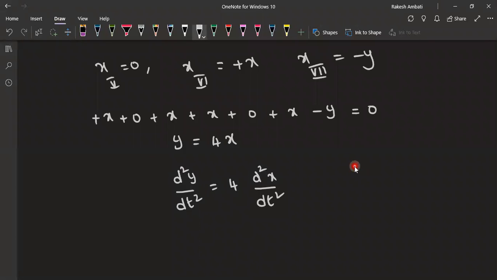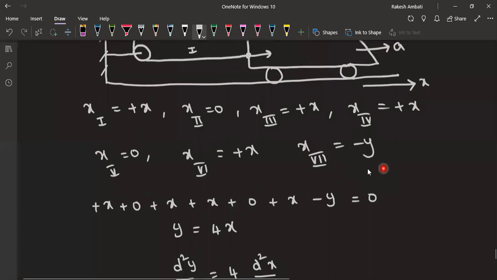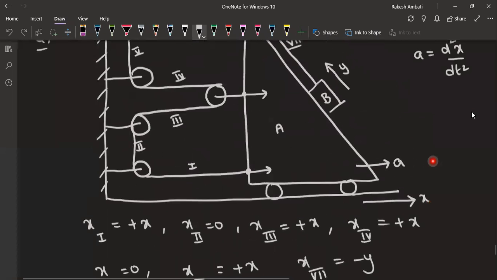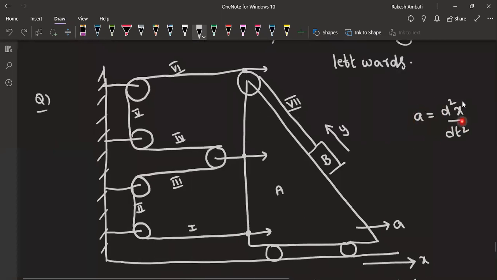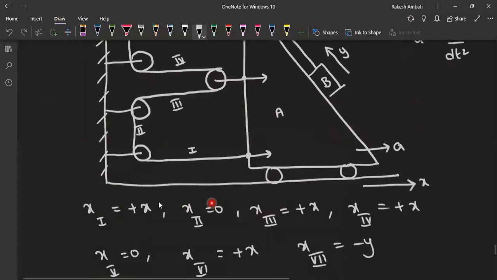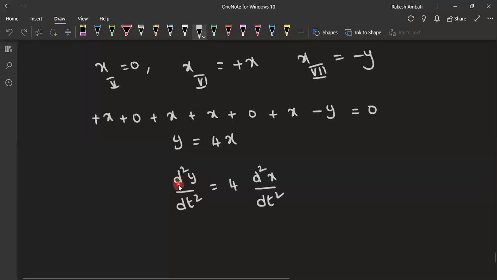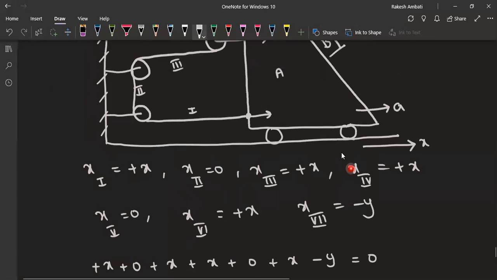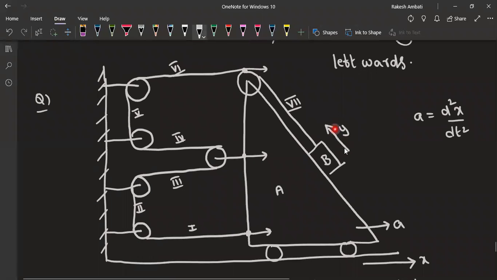And already I told you that the d square x by dt square value is a. D square y by dt square is the acceleration due to changes in y.